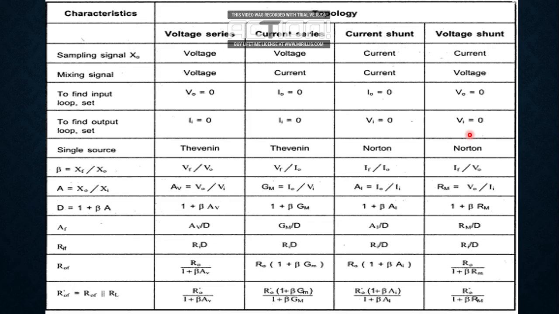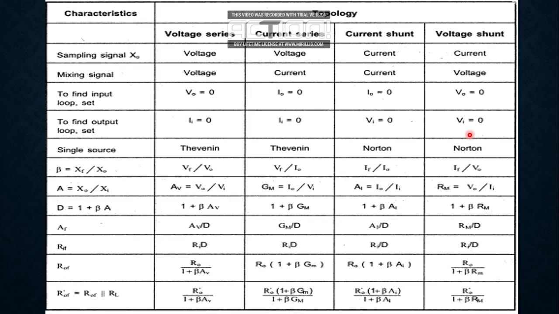For finding the topology, for voltage sampling, the output node and the feedback element connector node should be the same. For current sampling, the output node and the feedback element connector node should not be the same. For shunt mixing, the feedback element is directly connected to the input side. For series mixing, the feedback element is not directly connected to the input side.